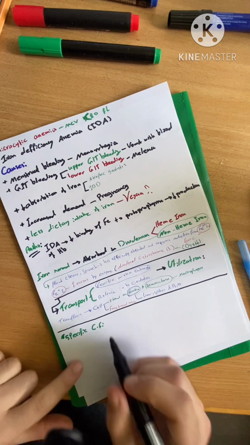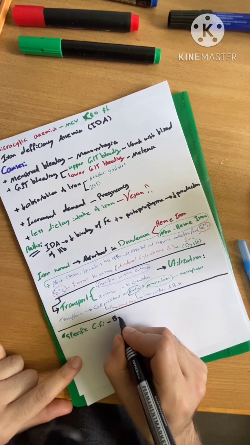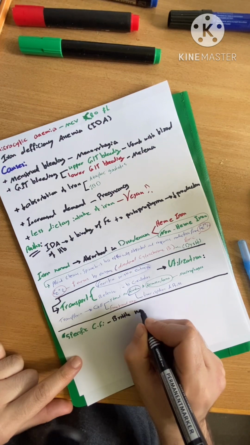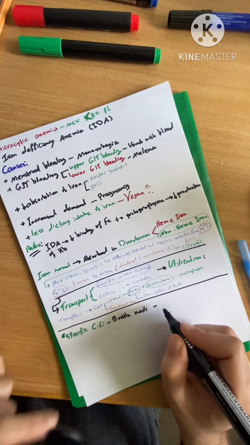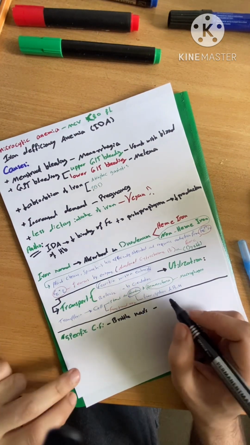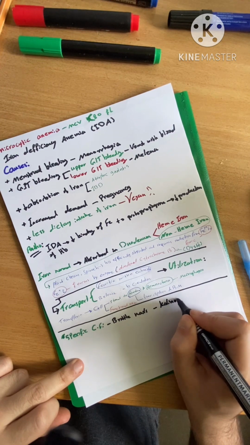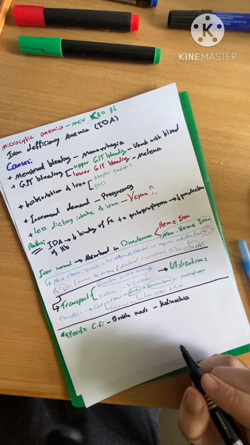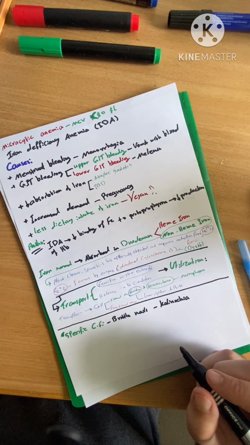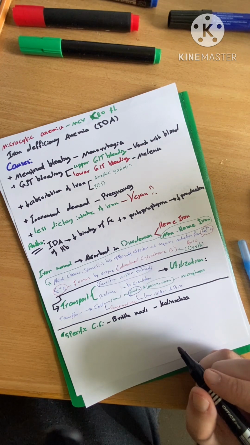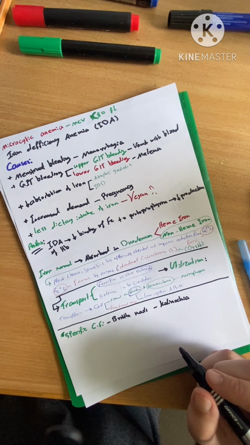We can see brittle nails. We can see koilonychia, which is specific for iron deficiency anemia. It is rarely seen in high income countries, but it's specific for iron deficiency anemia, like sponge-like nails, you know.